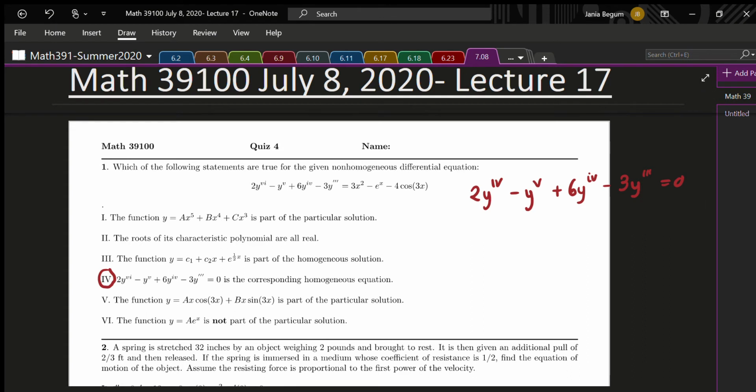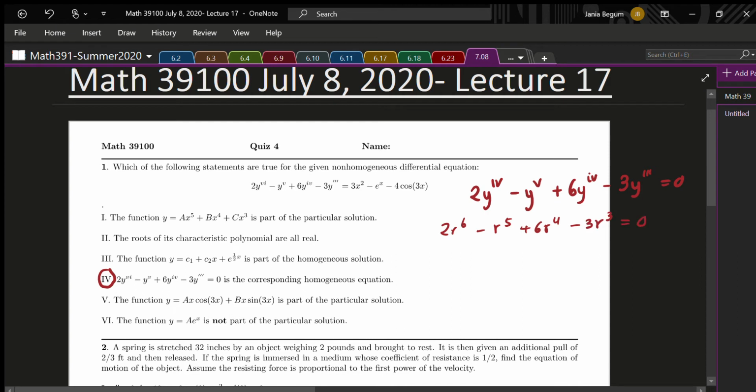It would be 2r to the 6th minus r to the 5th plus 6r to the 4th minus 3r cubed. Okay, and then how would you find the roots to this polynomial?